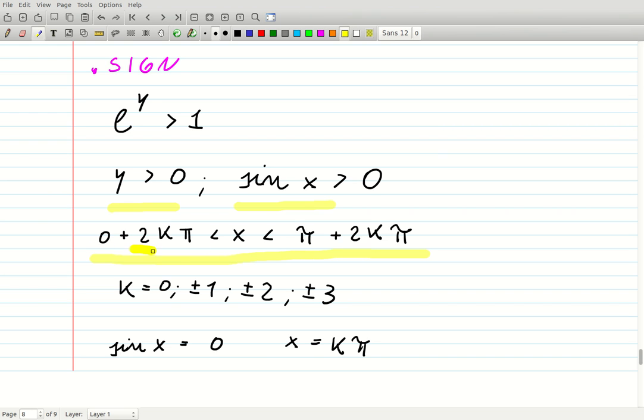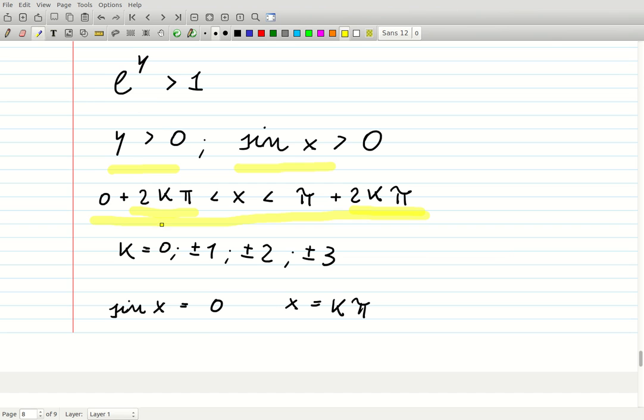Of course, we have to add 2k pi because sine has a period of 2 pi. So the correct form to write down this solution is 0 plus 2 times k times pi less than x less than pi plus 2k pi, where k, of course, is 0, plus or minus 1, plus or minus 2, plus or minus 3.